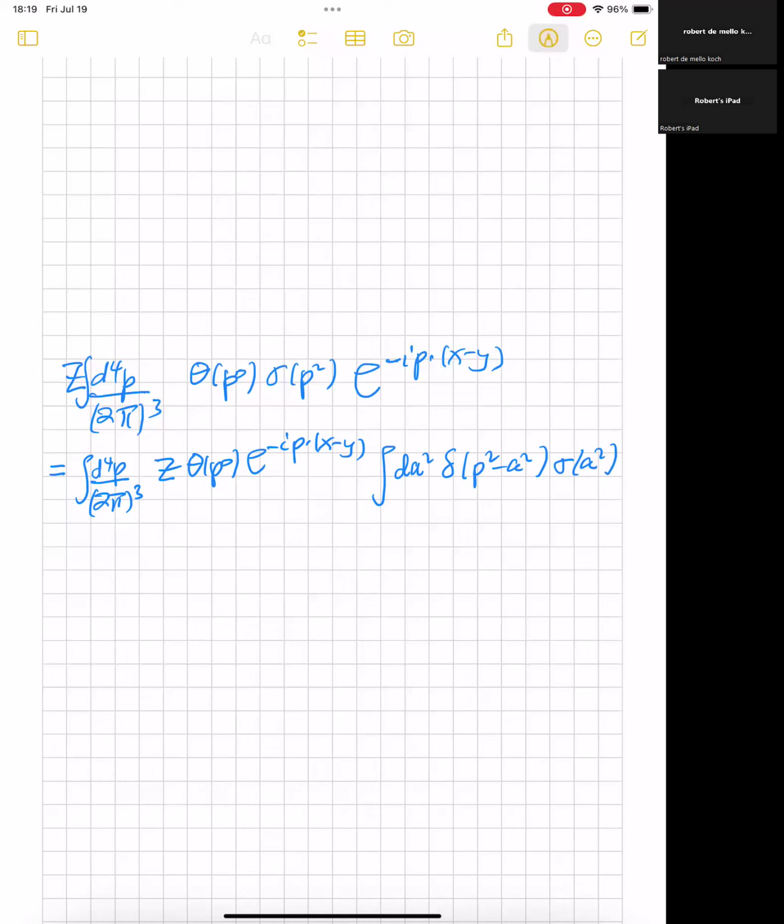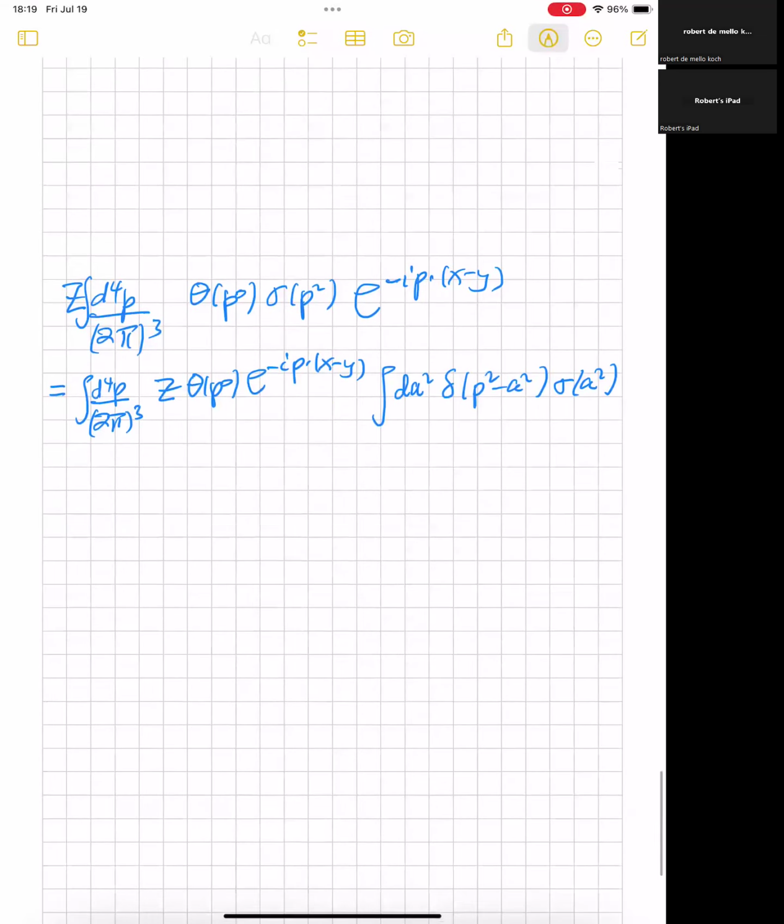And what you can see is I haven't changed anything, because if I do the integral over A squared, sigma of A squared is just going to become sigma of p squared, and then the first line and the second line are obviously equal. Good.